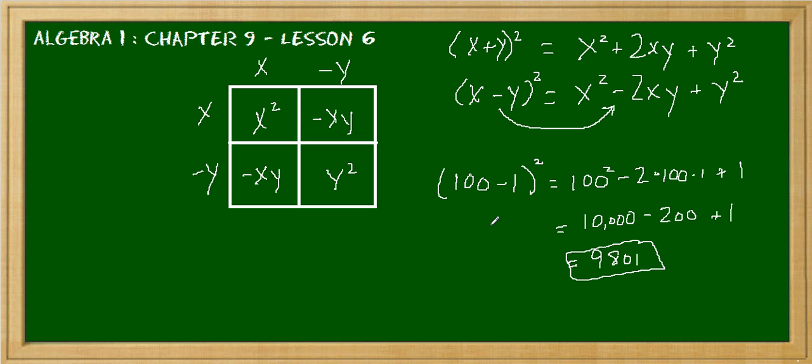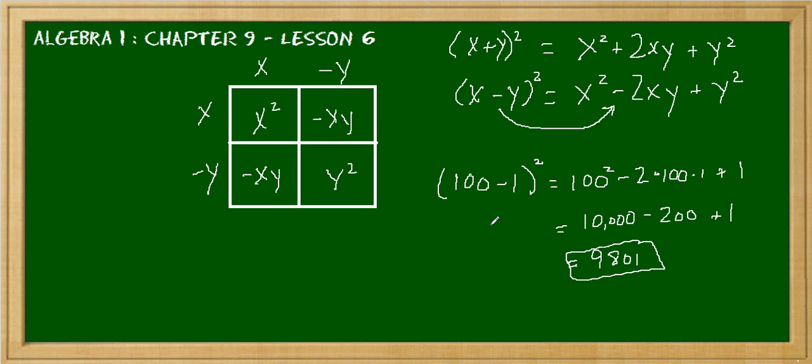Now, we see these two patterns here. We have x plus y in parentheses being squared, and we also have x minus y in parentheses being squared. And we can see that just the xy term in the middle is going to either be positive or negative.